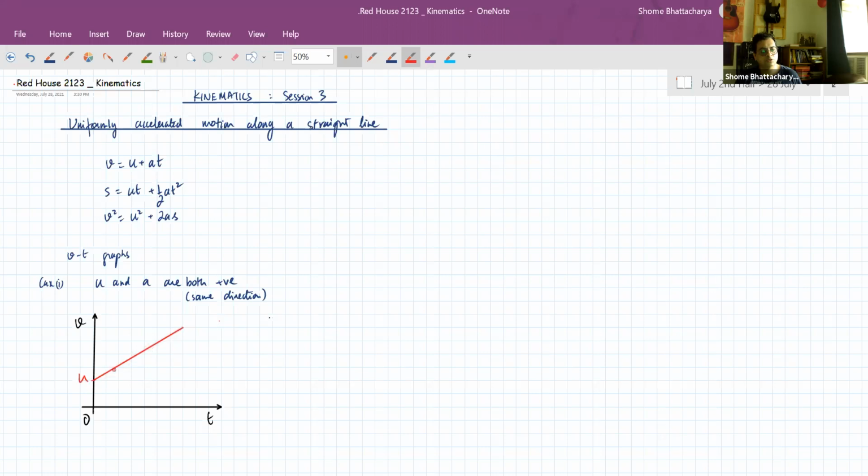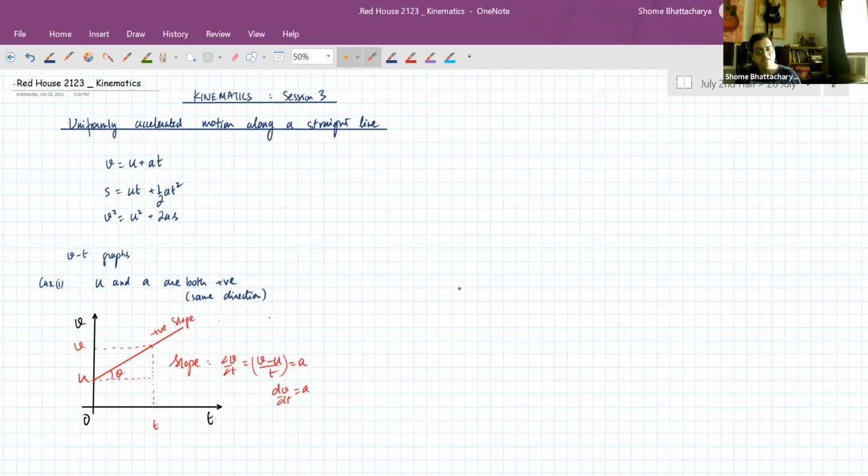This point here will be u. At some time t, the velocity becomes some particular value v. The slope is equal to the uniform acceleration a, and the slope of the tangent at any particular point is also a. So it has a positive slope.